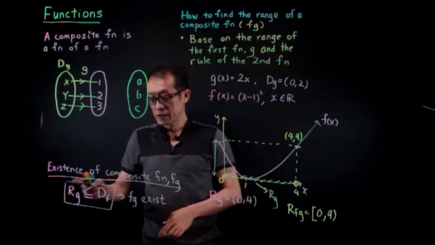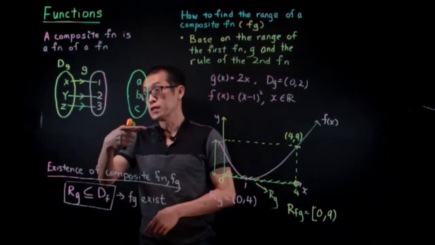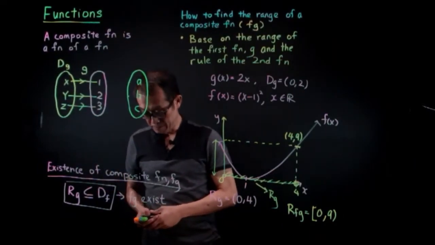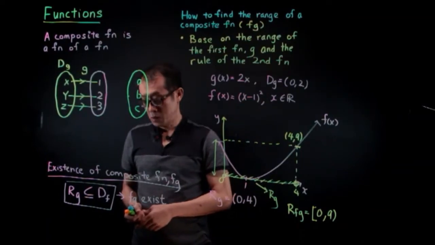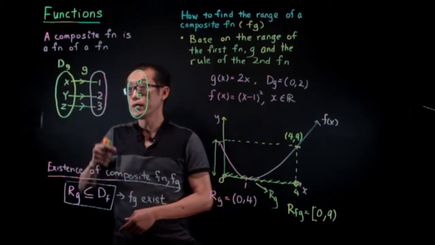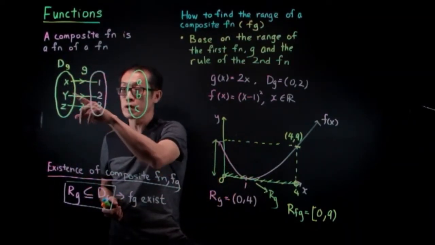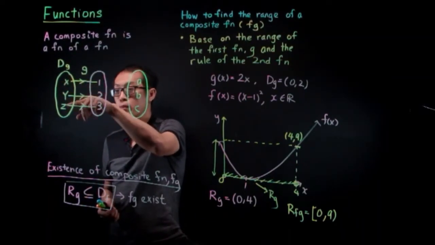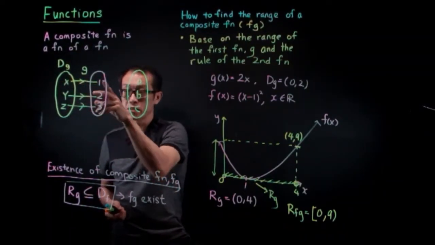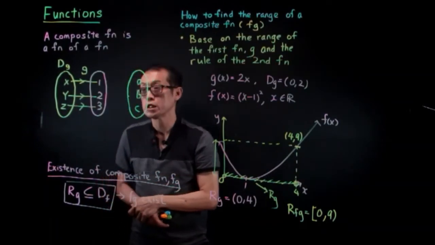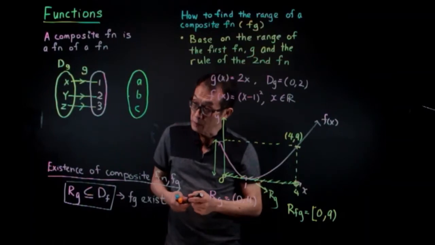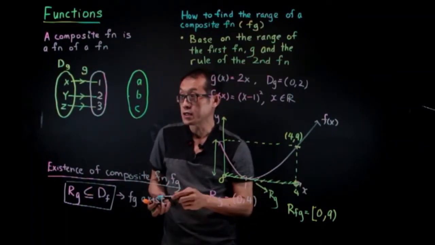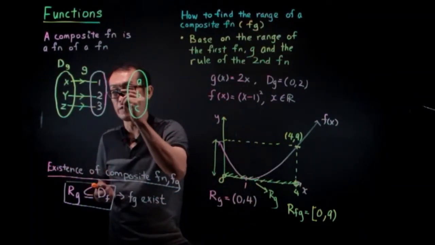Let me illustrate the reasoning of this using the arrow diagram. Now, let's say this is the domain of g and this is the rule. So every member in the domain of g has one image. It is mapped into 1, 2, 3. Now, let's say the domain of f is as such. This is the domain of f.